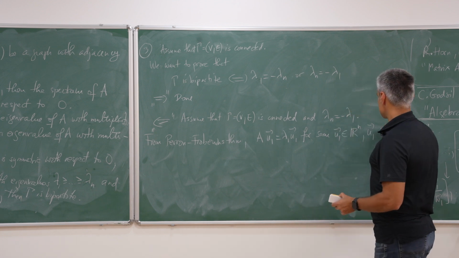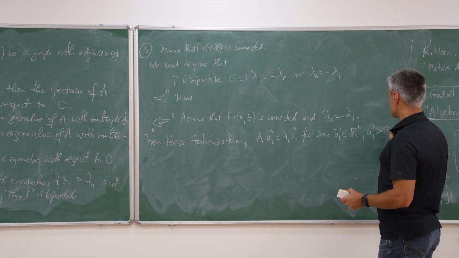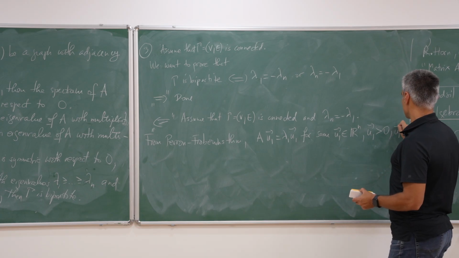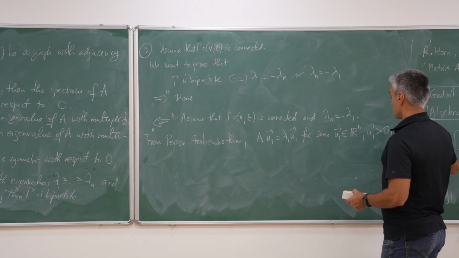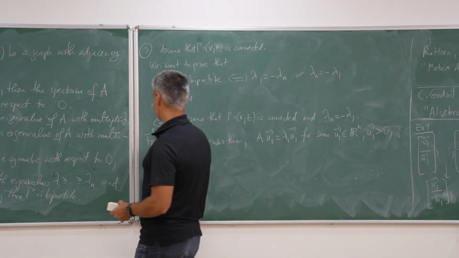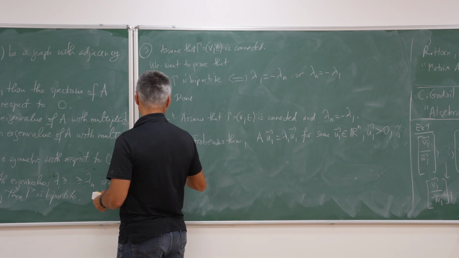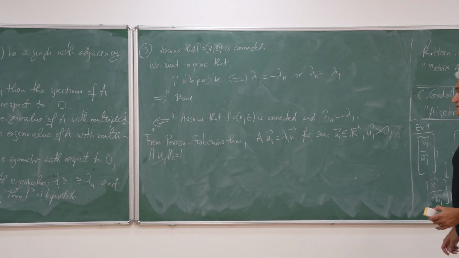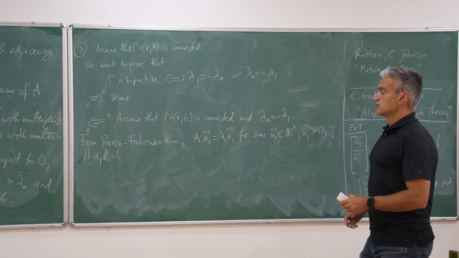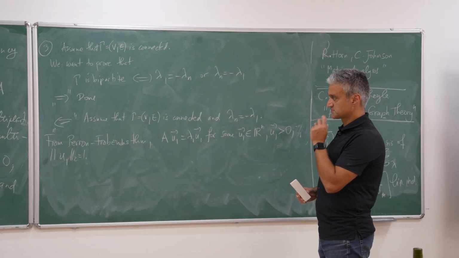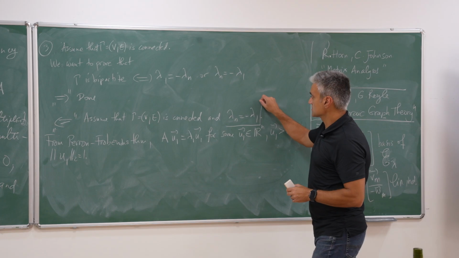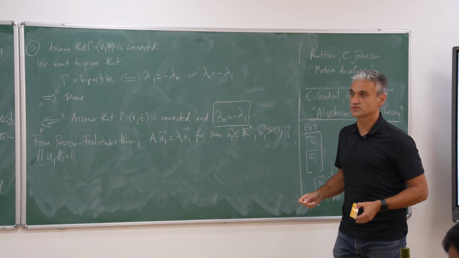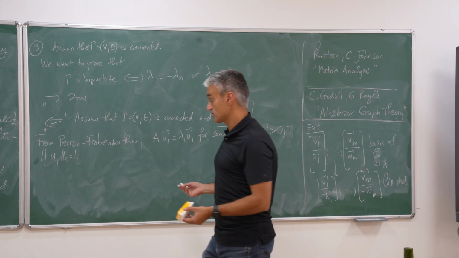And u1, let's say we can take it positive, and if you want, you can even take u1 of length 1. Now this is the thing that we have to use somehow. So we have to go after lambda n, say something about lambda n.